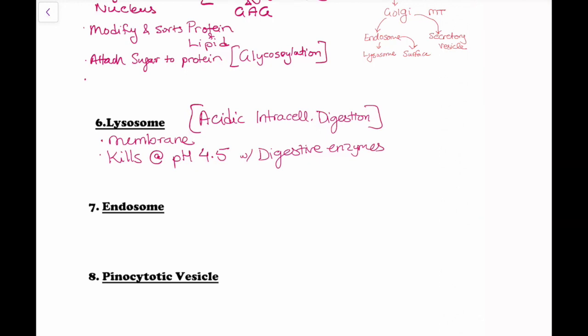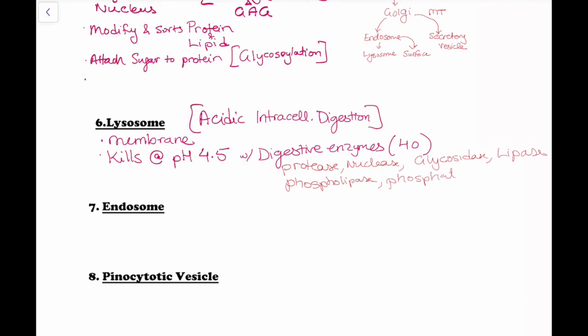So we have about 40 of these hydrolytic enzymes, such as, I'll just write a few here. You have your proteases, your nuclease, your glycosidase, lipase, phospholipase, phosphatase, and then sulfatase.